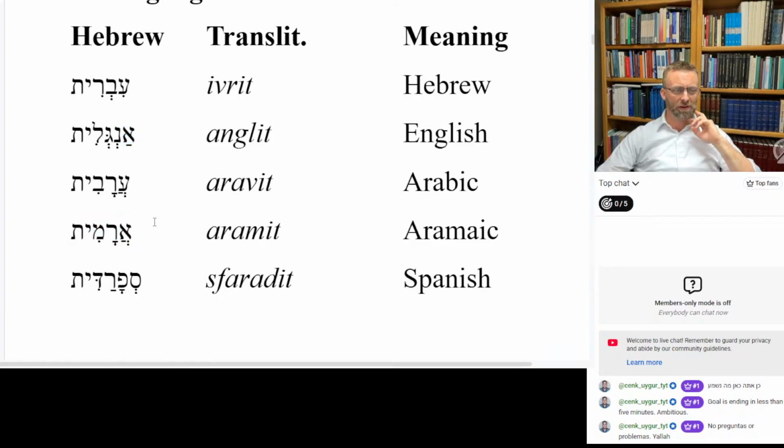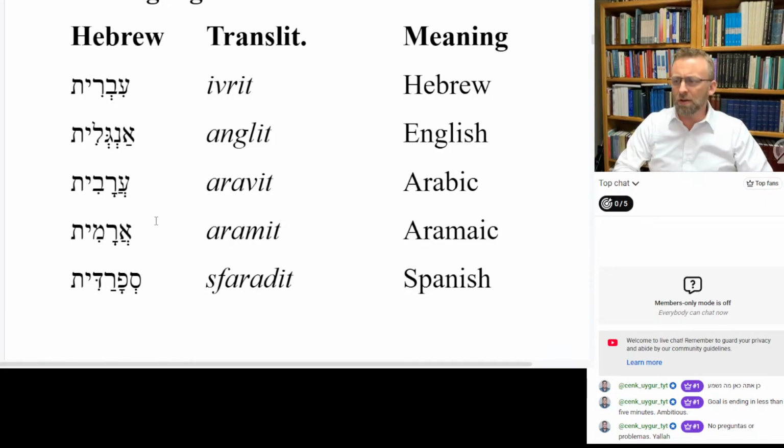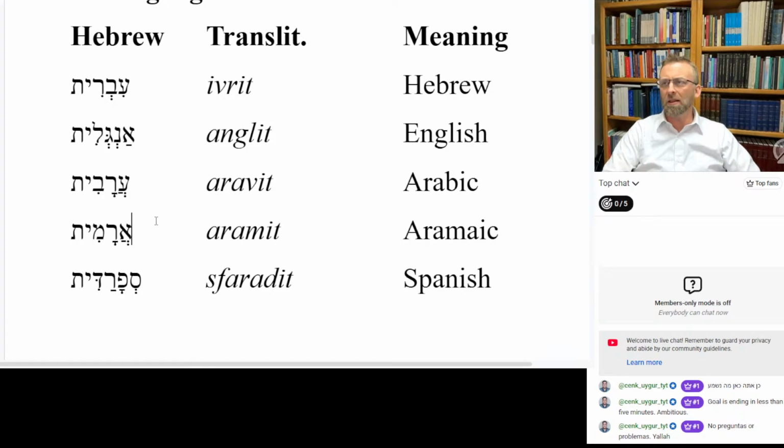And in modern Hebrew, the aleph and the ayin are silent letters. They're silent consonants. They have quiesced, we would say. And then one more language for now would be Sfaradit, which would be Spanish. So Hebrew, English, Arabic, Aramaic, and Spanish. And I chose those because those are the ones that I deal with the most.